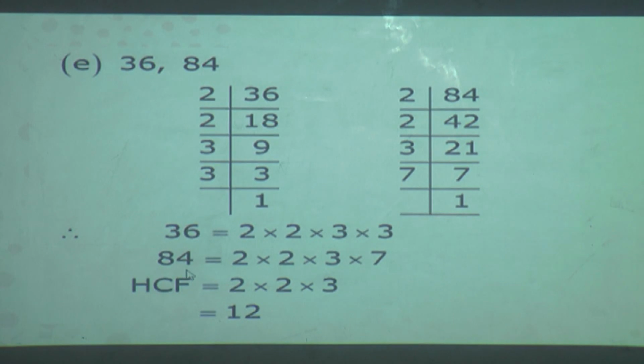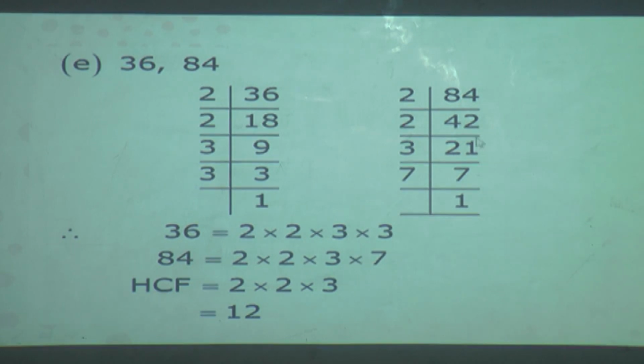Now we will find the prime factors for 84. 2 4s are 8 and 2 2s are 4. Okay. So we have 42 here, which is divisible by 2 again. 2 2s are 4 and 2 1s are 2.